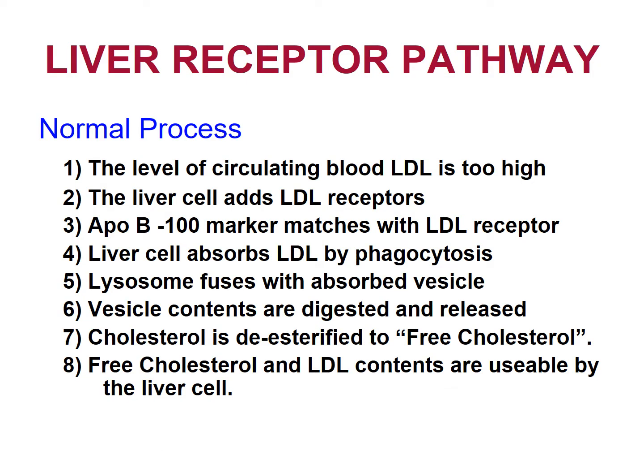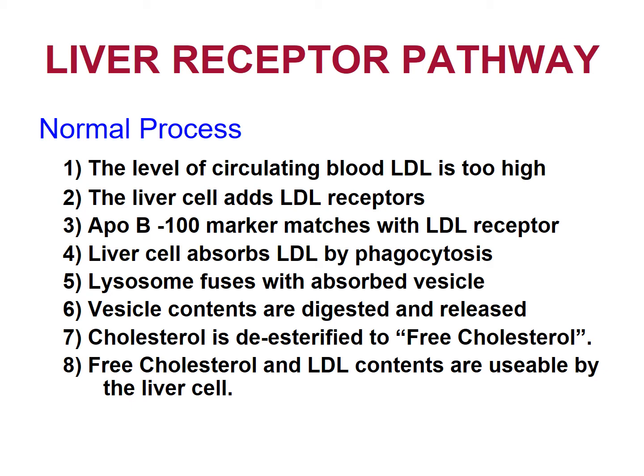So in the normal process, basically, the liver is going to monitor the blood levels of LDLs. And as I mentioned, number 2, the liver is going to add LDL receptors if it's too high. The ApoB100 markers, if you remember, are the identification markers on the LDL.